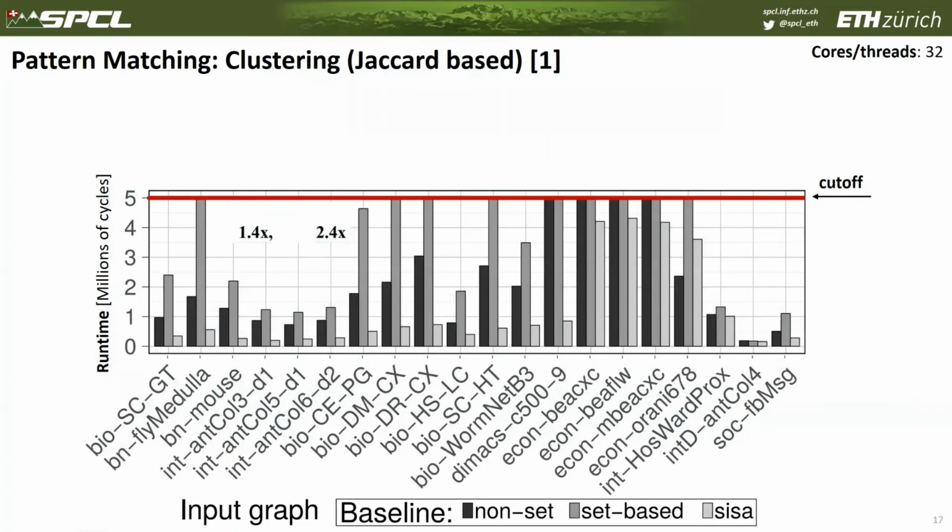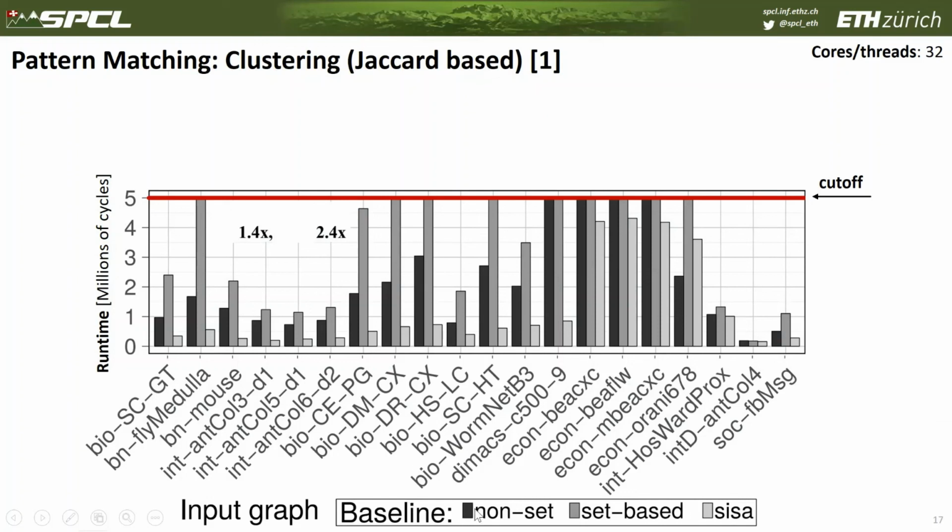In pattern matching, we first pick the clustering scheme, which uses the Jaccard-based coefficients, and on the x-axis of this plot, we can see different graph datasets. On the y-axis, we can see runtime in millions of cycles, and bars of different colors correspond to different baselines.